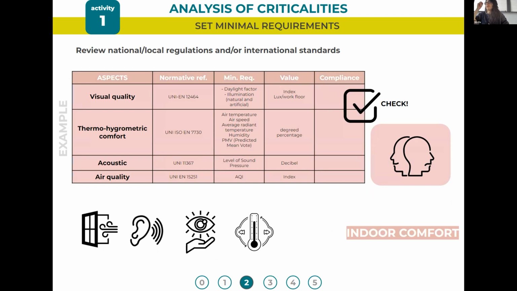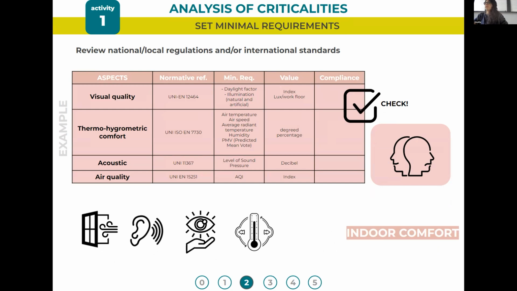For example, as you are seeing, this normative reference refers to the Italian situation. And it is for this reason that each local living lab has to elaborate its own set of minimal requirements.